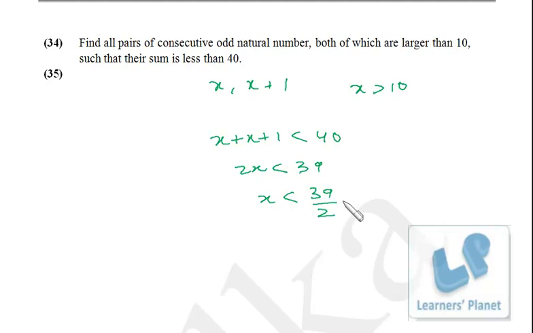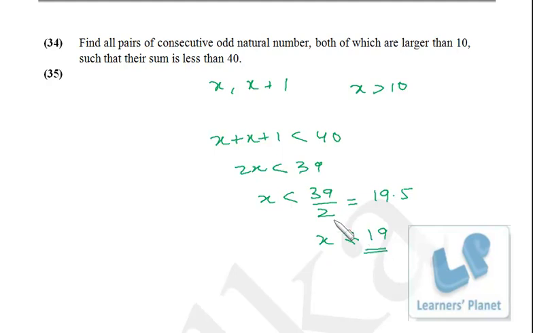Now 39 by 2 is actually 19.5. And x is less than 19.5, and x is a natural number, so x will be less than or equal to 19. Now x is greater than 10 and x is less than or equal to 19.